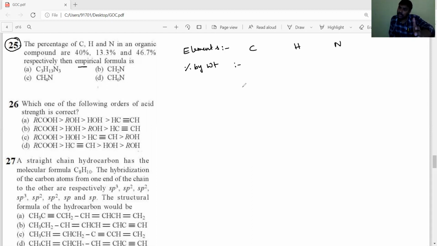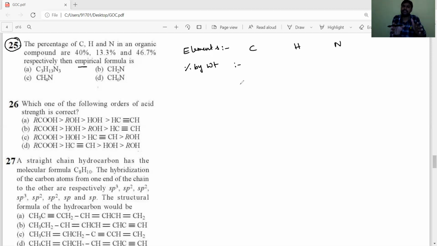You have to observe the total percentage. If it is equal to 100, then okay. If it is not equal to 100, it means the rest of the percentage is the oxygen atom. So you have to observe the total percentage carefully. If it is 100, okay, only the elements they gave are present.